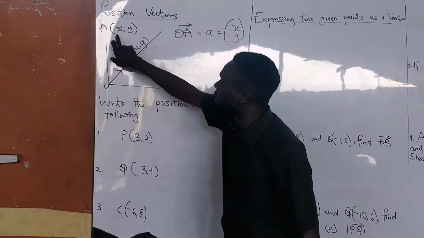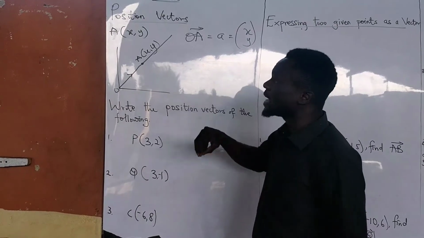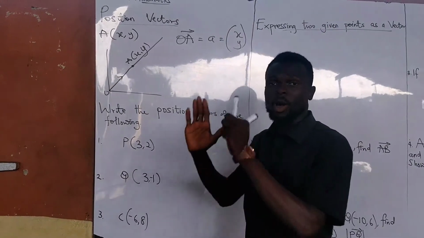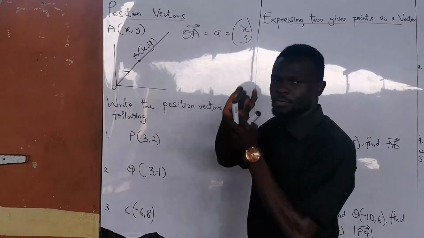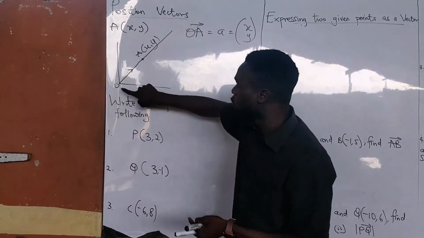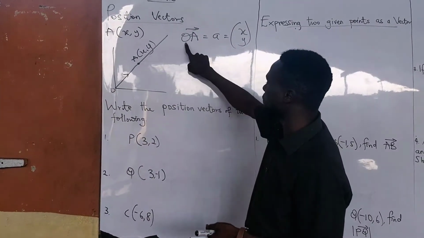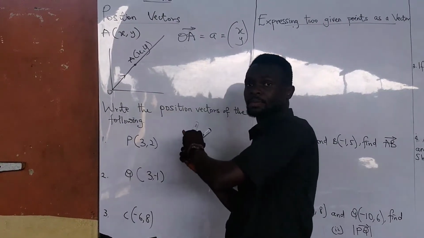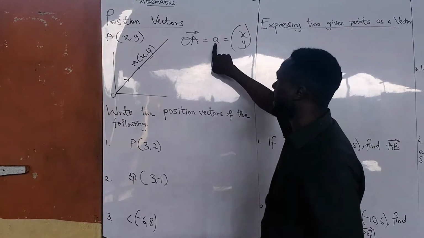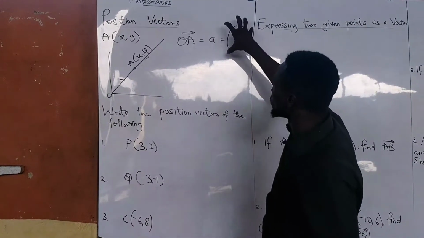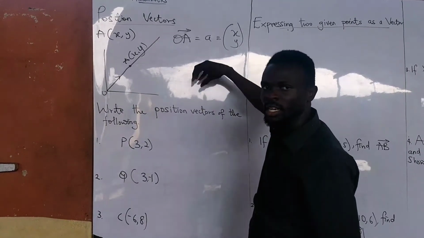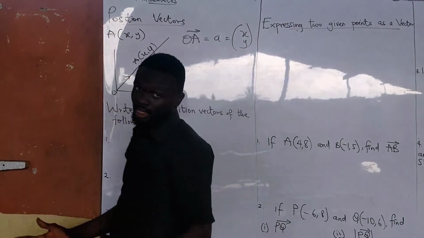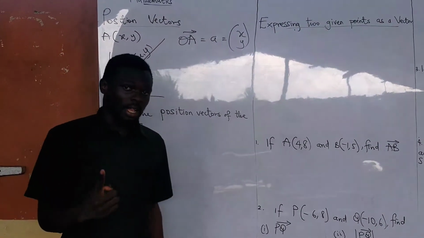If I have point A as (x, y) and I'm to find its position vector, since every point is referred from the origin, O, then from O to the point gives you the vector OA, which is the same as small letter a, equal to (x, y). So vector OA, or vector a, is a position vector. And that is how we write a vector for a single point.